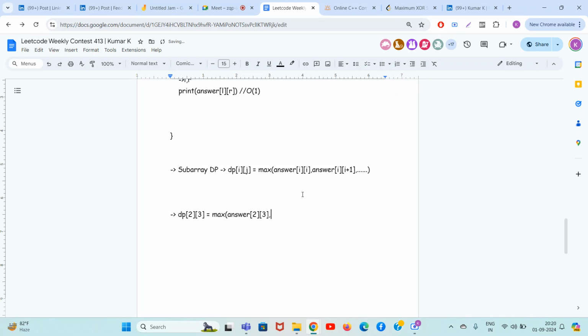Another option, the singular elements: DP[2][2], which has already been calculated, and DP[3][3], which has already been calculated. And that's it. Done. We are able to solve for all the subarrays of length 2. This is how we solve for all subarrays of length 2.